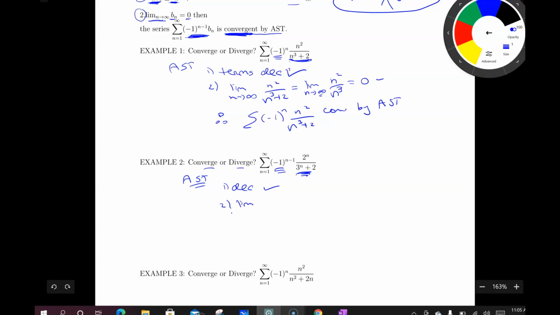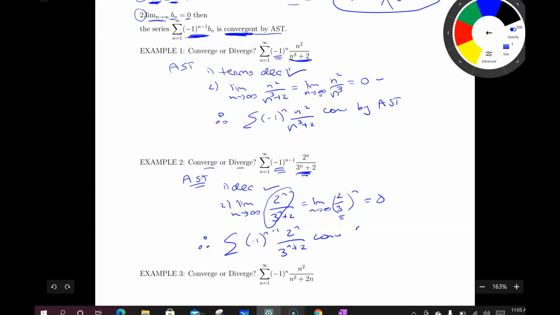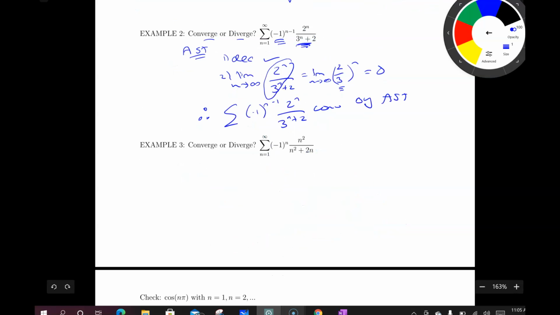If I take the limit as n goes to infinity, I take the highest powers, I get the limit as n goes to infinity of (2/3) to the nth power. That number here is smaller than 1, so yes, that goes to 0. Therefore, this converges by the alternating series test.